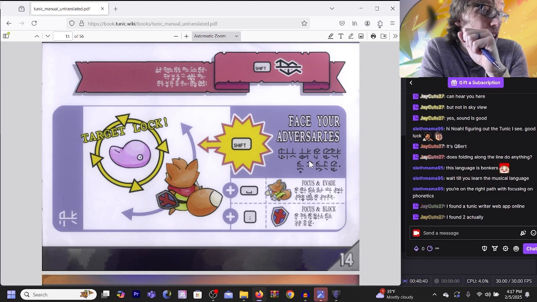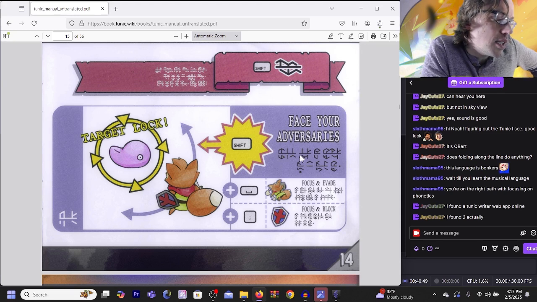Hold down? Or maybe, just maybe, each one of these is not a word, they're a syllable. And this is holding down. Though this is a mess of characters here.